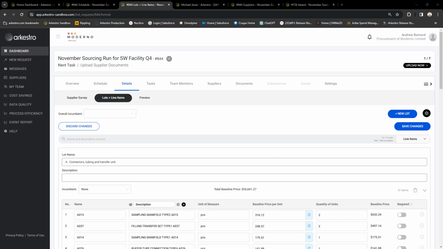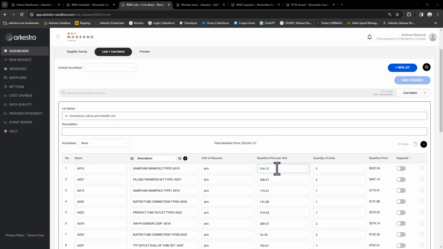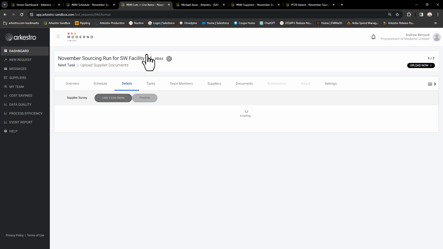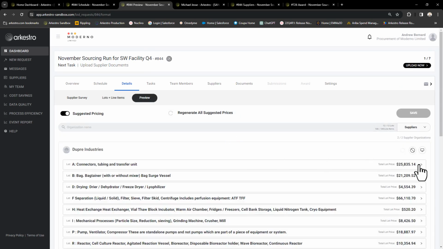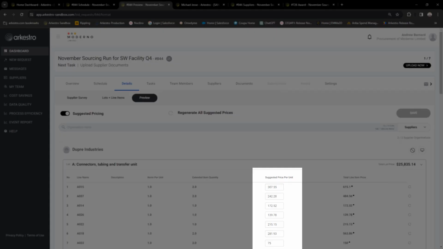And what I mean by that is, so we've got the baseline, and this has been generated by any of the three different ways I'd mentioned before. And what I want to do is to say, okay, well, if that is the baseline, then what we can reasonably predict is that given the individuals participating in this event, we think that $316.12, for example, is actually a little high because all things considered for that item, we think you can actually get that for $307.55.